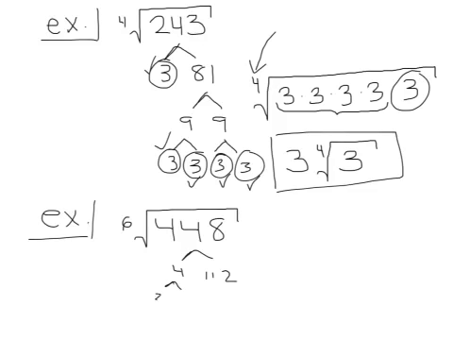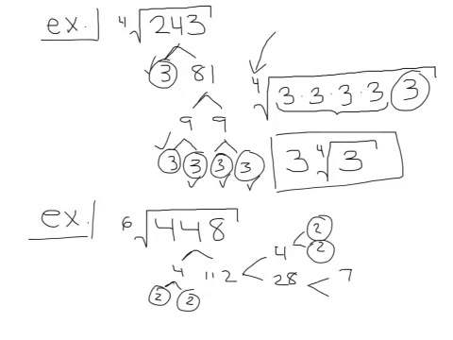Break this down so it's 2 times 2. This 112 can be broken down to 4 and 28. Quickly break this 4 down into 2 2's. This 28 can be broken down to 7 and 4. 7 is prime. Quickly circle. We have 2 times 2 for this 4.